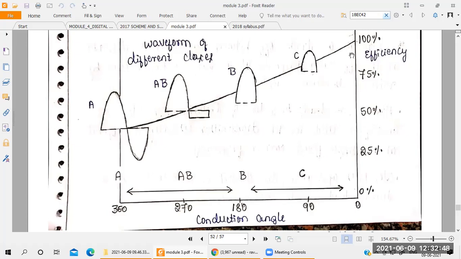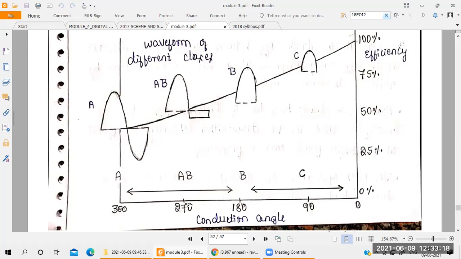Class D, suppose you take a class D power amplifier, that should be equal to 100%. That is digital pulses, with 0-degree conduction angle. That is not in your syllabus, but they will only take these 3-4 amplifiers: Class A, Class AB, Class B, Class C. Class C has 80% efficiency, 90-degree conduction. Class B has 180-degree conduction angle, efficiency is 50 to 75%.